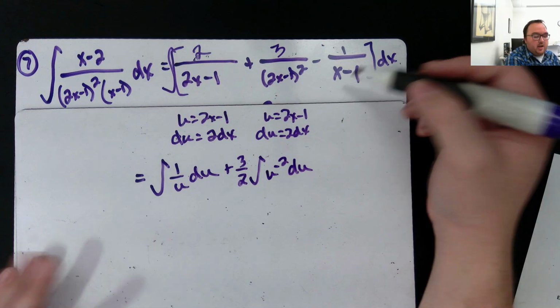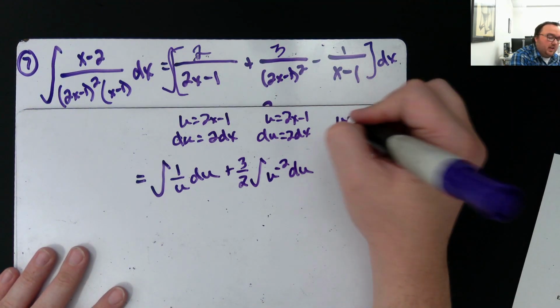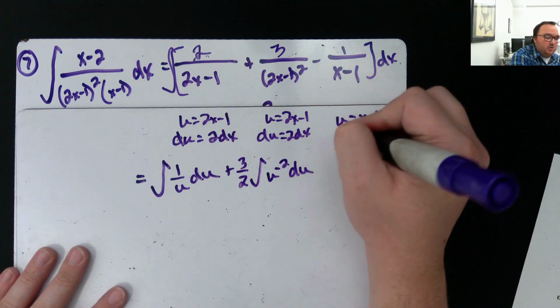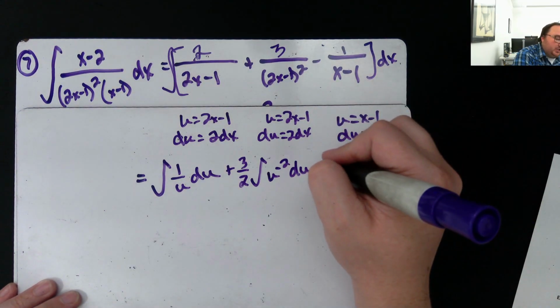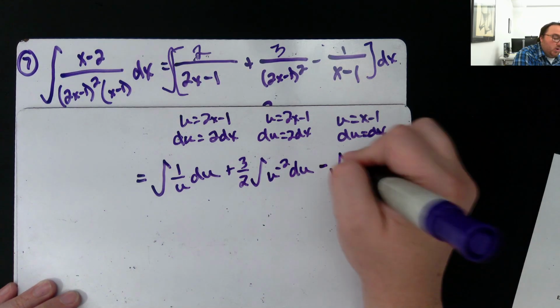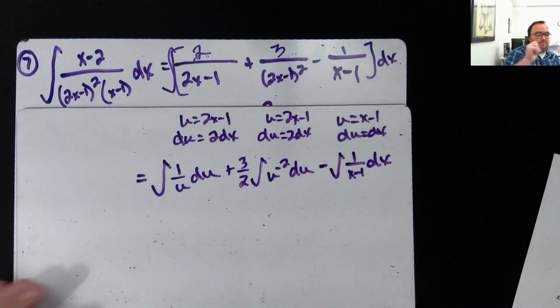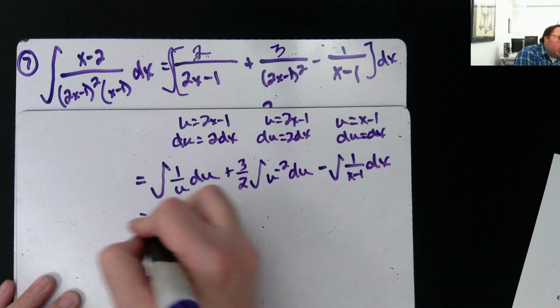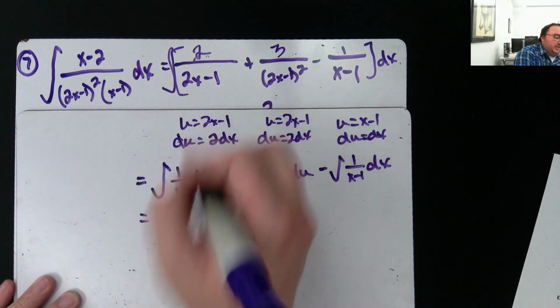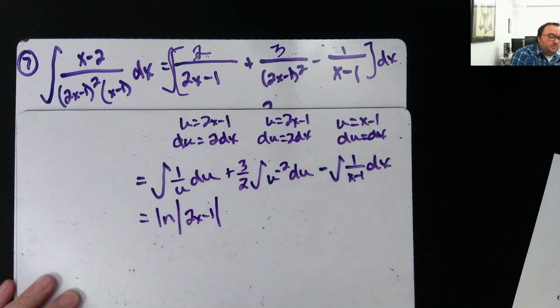Then for this one, I don't really have to worry about it because if I let u be equal to x minus 1, du is just equal to 1, which I already have. So I could even just leave this one as negative integral 1 over x minus 1 dx, and that's fine. Integral of 1 over u is the natural log of the absolute value of u, but we said u was 2x minus 1.